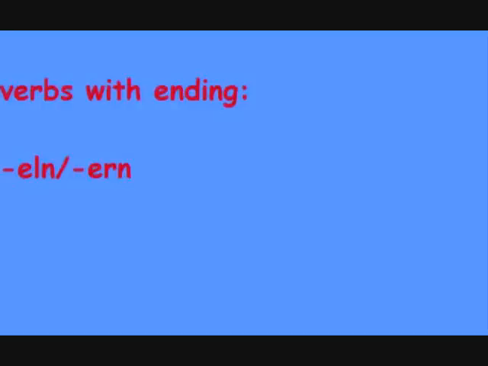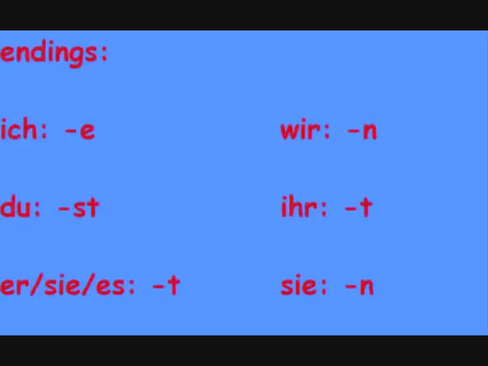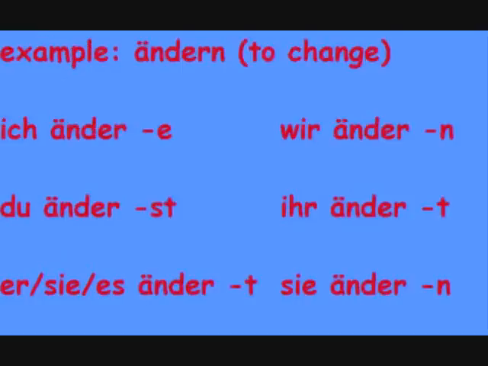And then you put on the endings, which are: for ich, -e; for du, -st; for er/sie/es, -t; for wir it's -n, for ihr it's -t, and for sie it's just -n. An example is ändern, which means to change. So the conjugation would be ich ändere, du änderst, er/sie/es ändert, wir ändern, ihr ändert, sie ändern.